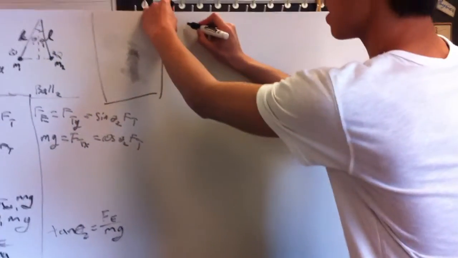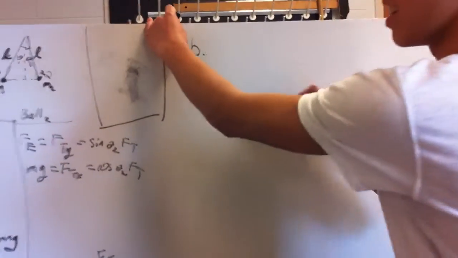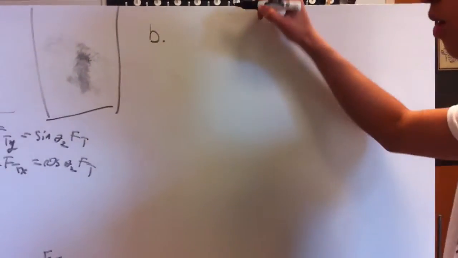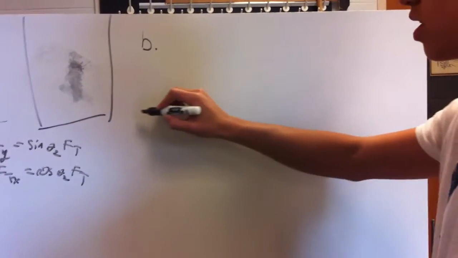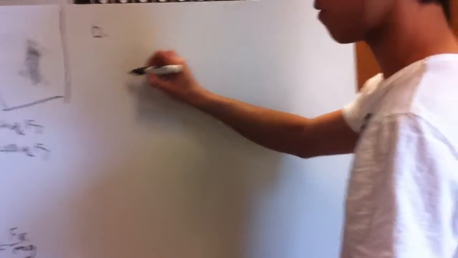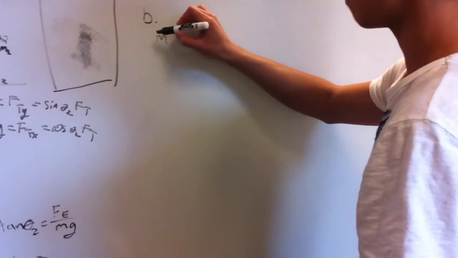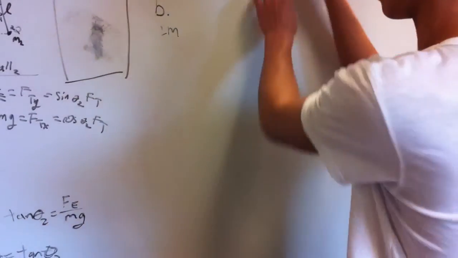Okay, so for part B, the setup is exactly the same, except that ball 1 is the same exact thing because the mass is the same, but for ball 2, the mass is twice the mass of ball 1.